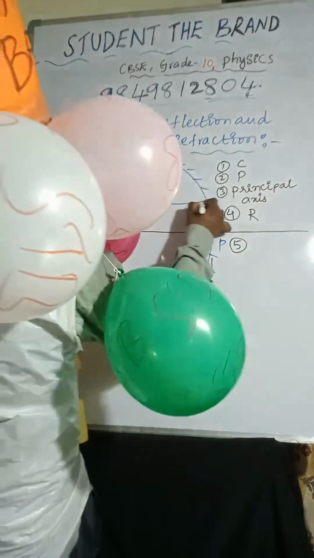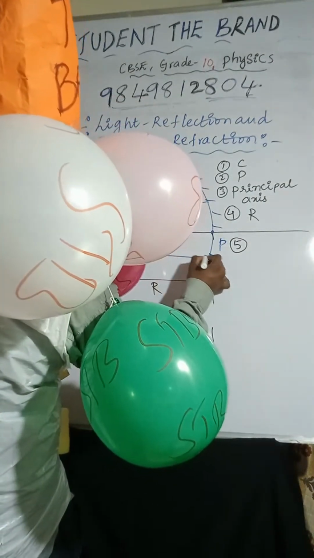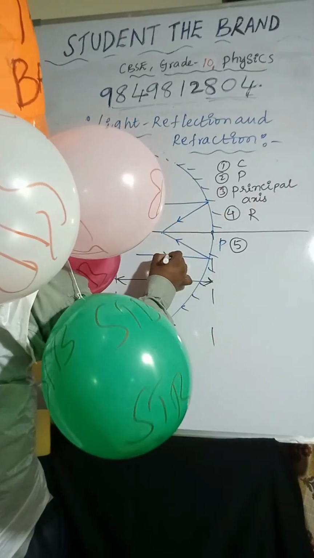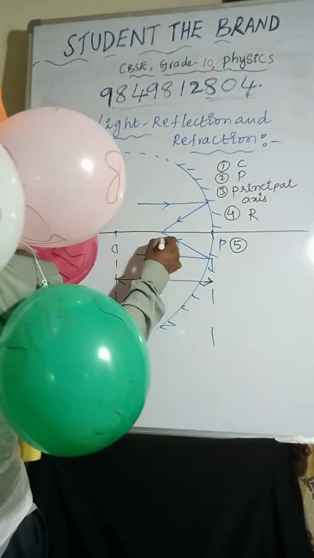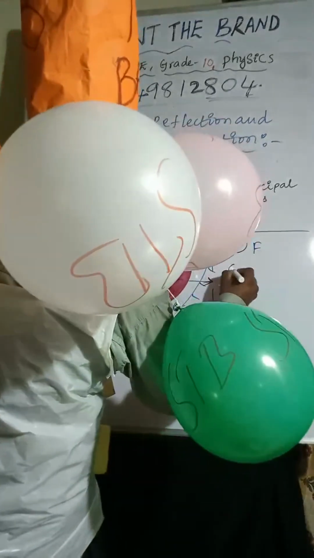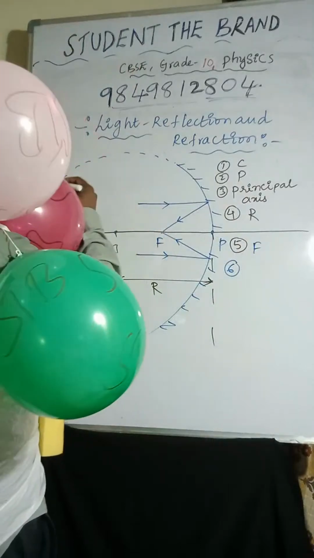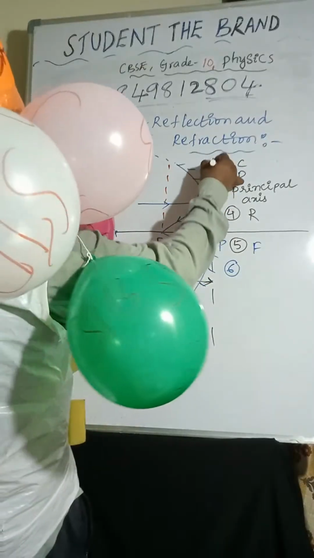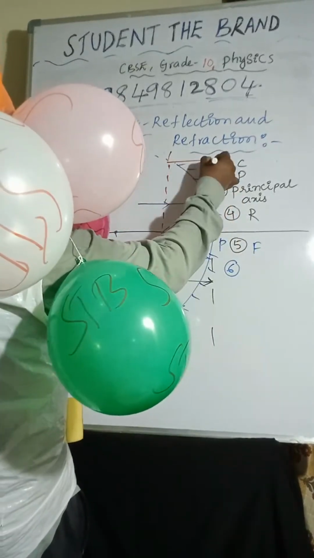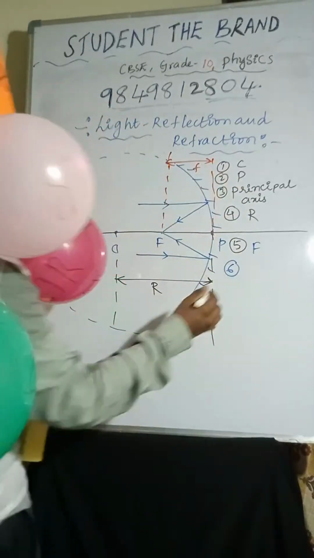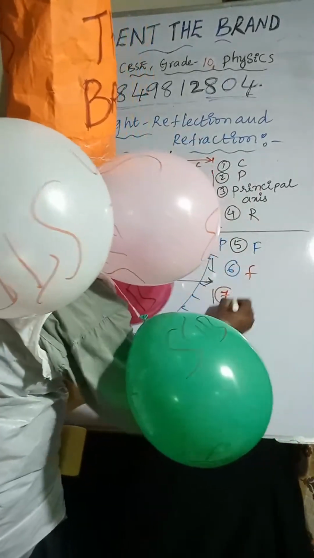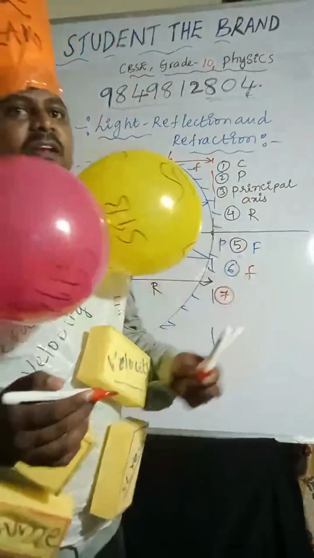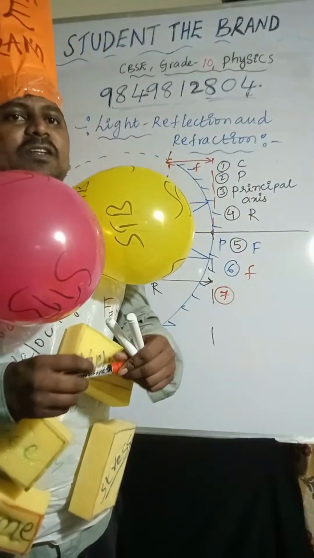So here I am taking it like this, this is F. Coming to the sixth one, the distance between focus and pole, F to P, is called focal length f. And the seventh one, the width of the mirror is called aperture.